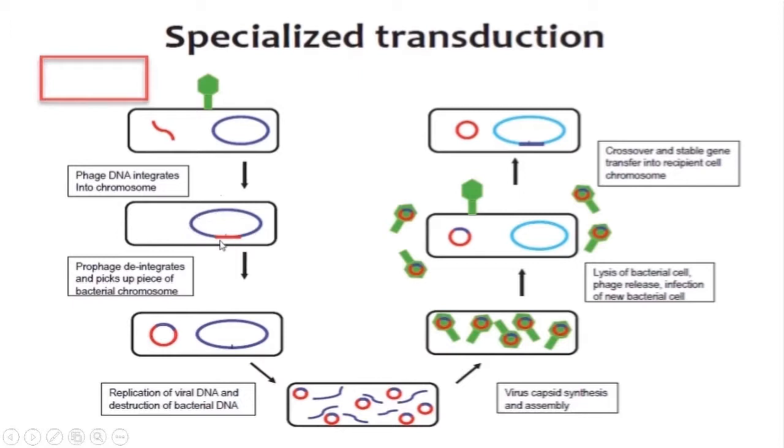Now if this viral DNA gets activated, it breaks off from the bacterial chromosome, and during this process, a few genes of the bacteria also remain attached to it. Now these genes keep on replicating along with the viral DNA and become a part of a phage particle. When such a phage particle infects any other bacterial cell, the genes present in the phage particle are also transferred to the new bacterial cell.